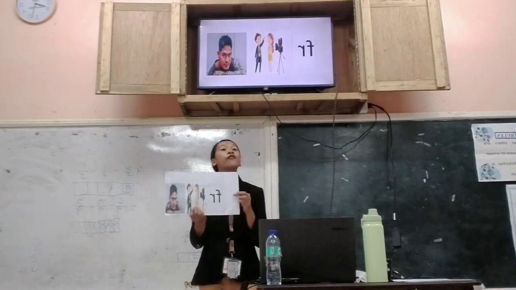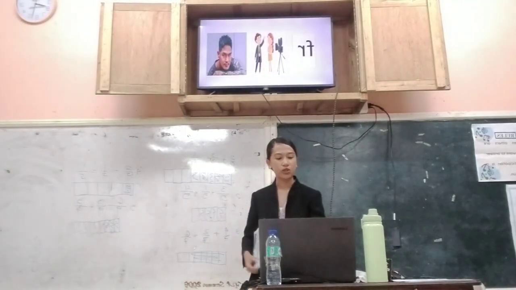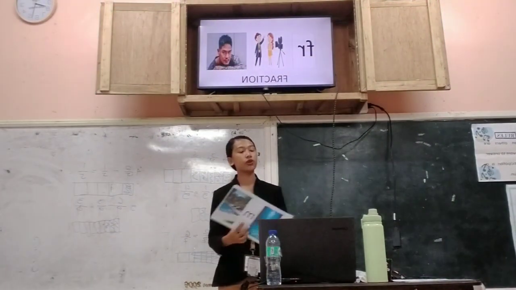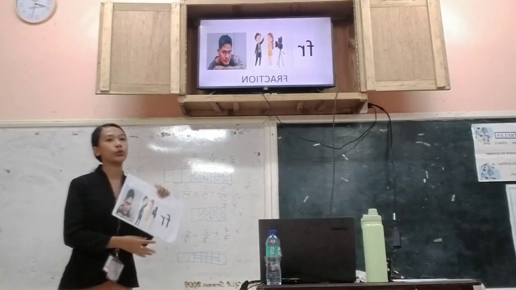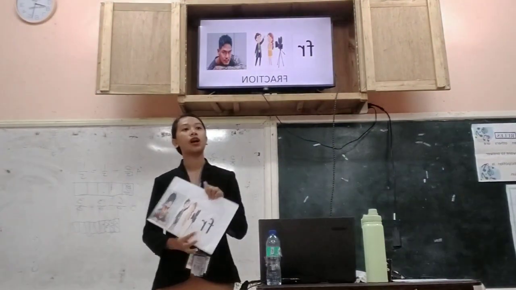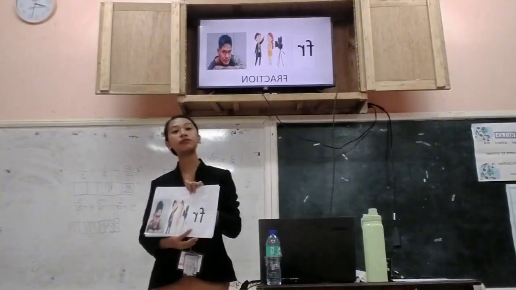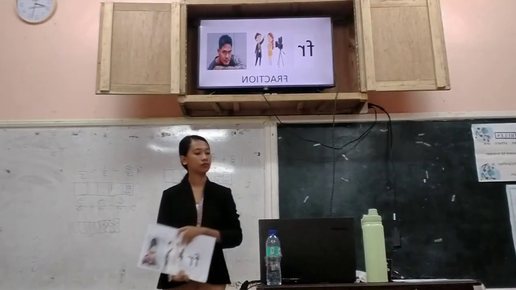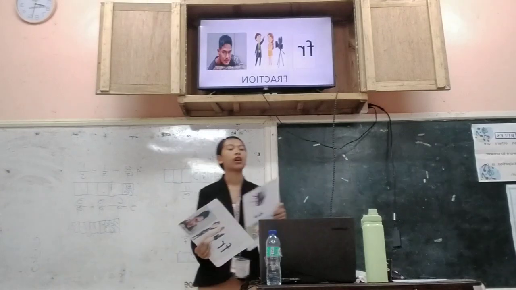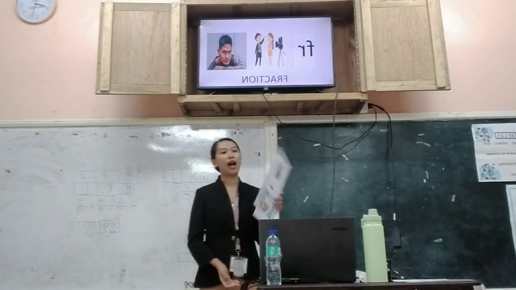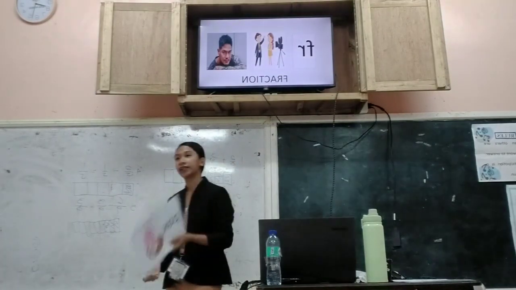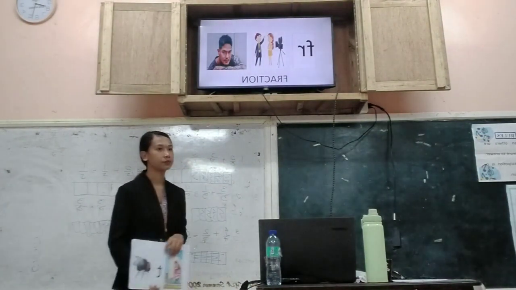Very good, it is fraction. So class, what are the words you get from these pictures? Okay, Isel. Fraction. Simple. Multiply. And mix. Okay. What do you think will be our topic for today?